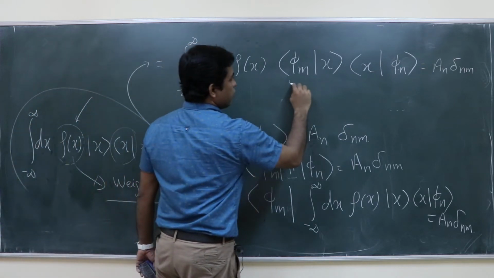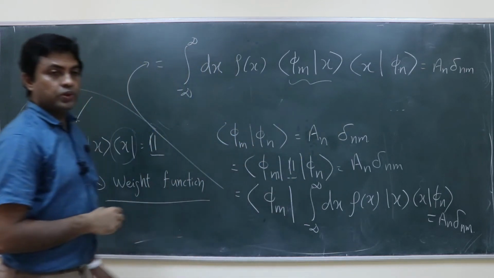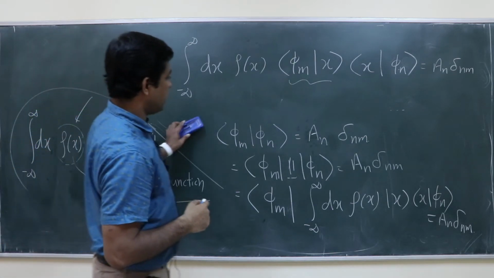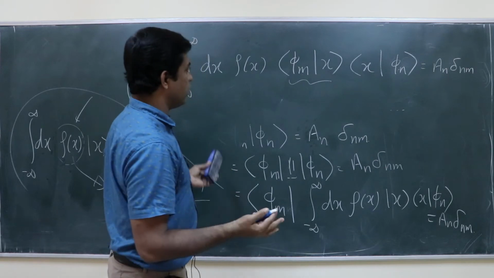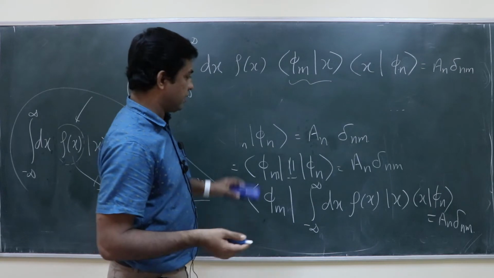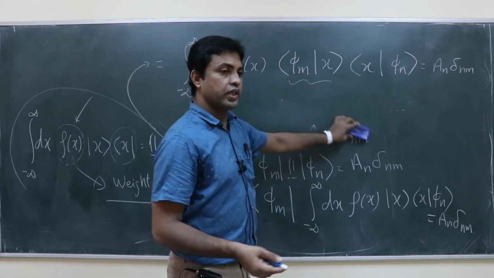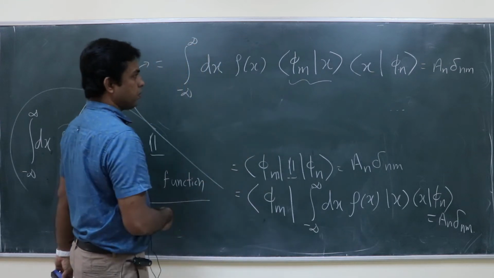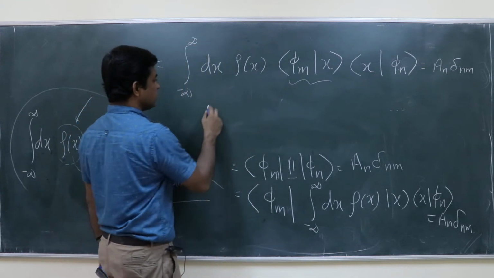So what is this bra phi m ket x? It is phi star. Right now let us say that phi m of x or phi n of x are complex in general. Later on we will just stick to the real polynomials. For writing purposes, let us take a complex function.